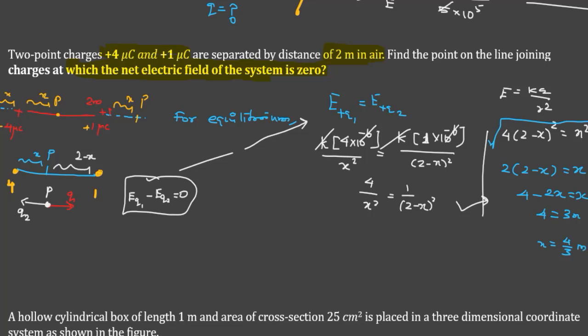So at 4 by 3 meter it will be in equilibrium from the positive 4 microcoulomb. We have to conclude that at a distance x equal to 4 by 3 meter from plus 4 microcoulomb, the system will be in equilibrium.